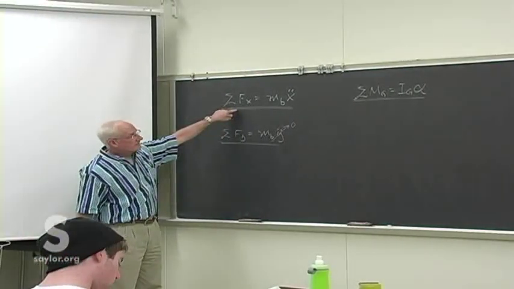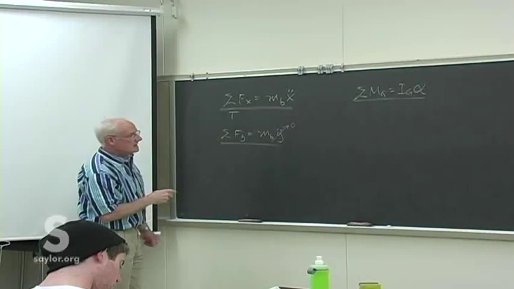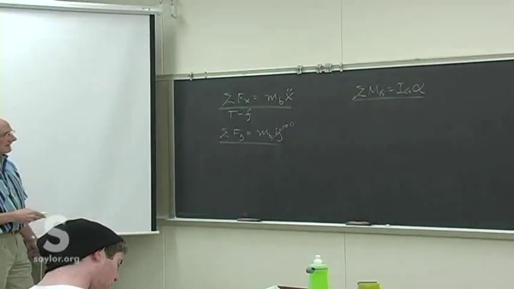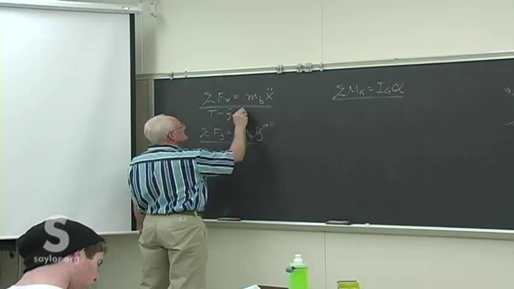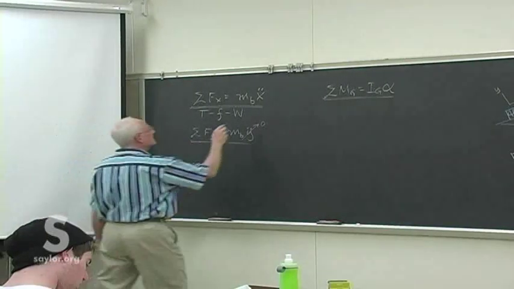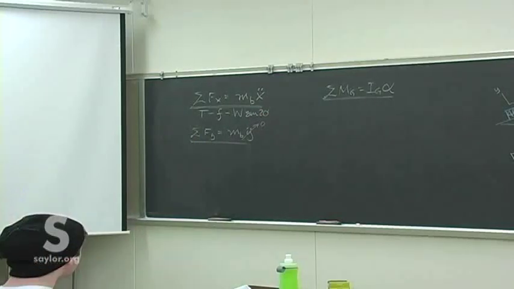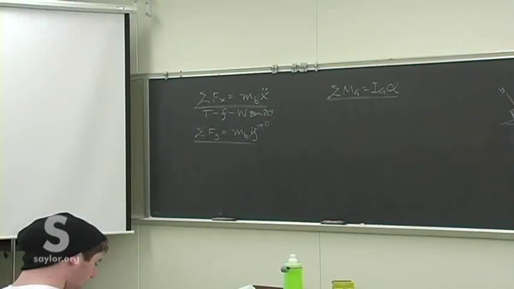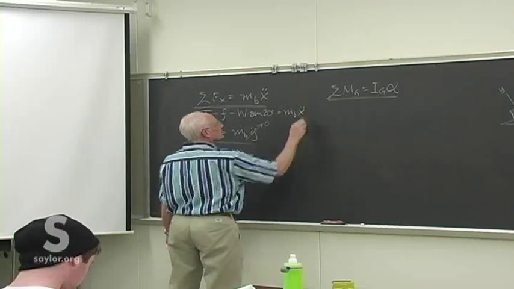From this one, we're going to have T up, F down, which is mu N, minus W sine 20. Is that right? And that's all the x components, and so that's going to cause the block to accelerate in the x direction.